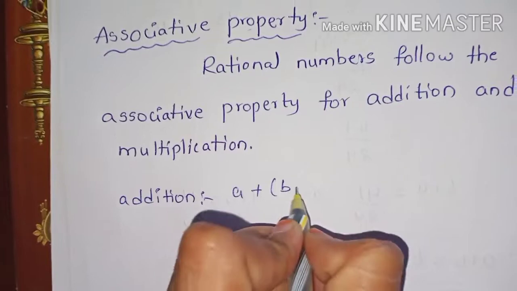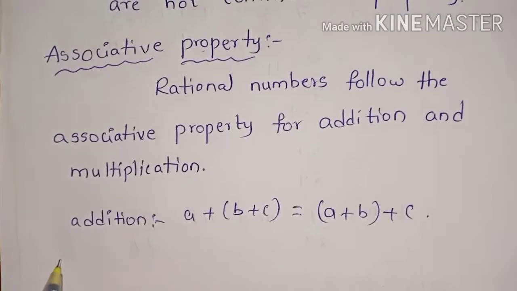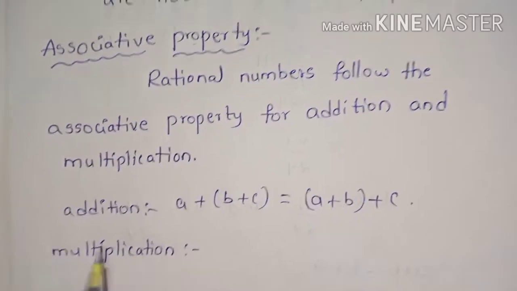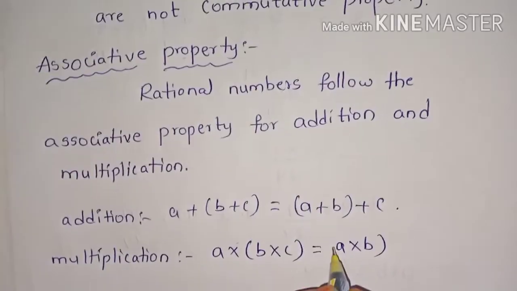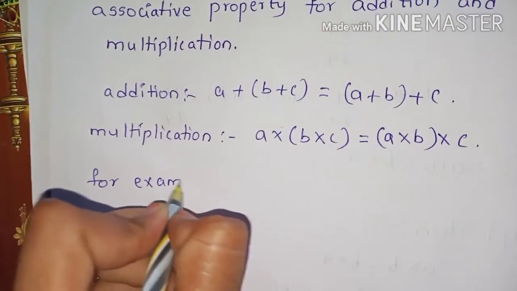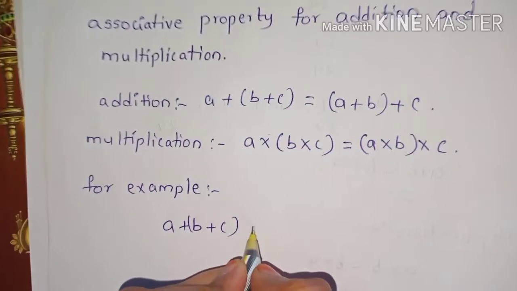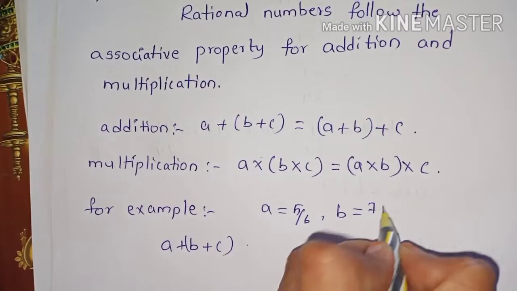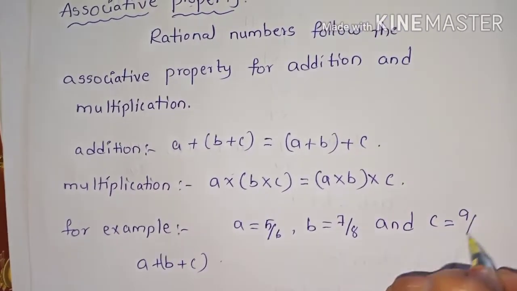A plus of B plus C is equal to A plus B plus C. And the associative property of multiplication is A into B into C is equal to A into B into C. For example, A equals 5 by 6, B equals 7 by 8 and C equals 9 by 10.